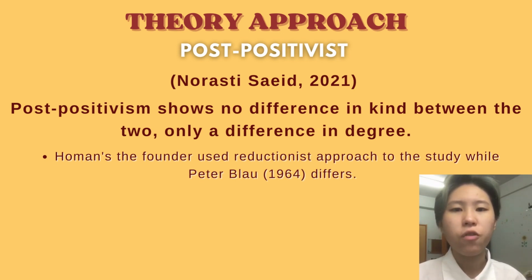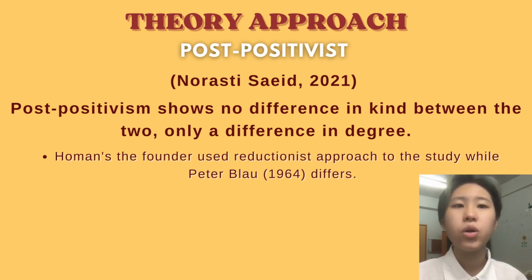Homans, the founder of SET, used the reductionist approach to study, while Peter Blau in 1964 differs from that approach. Homans used a form of reductionist approach as his main goal was to roughly explain the basic mechanisms underlying social behavior.